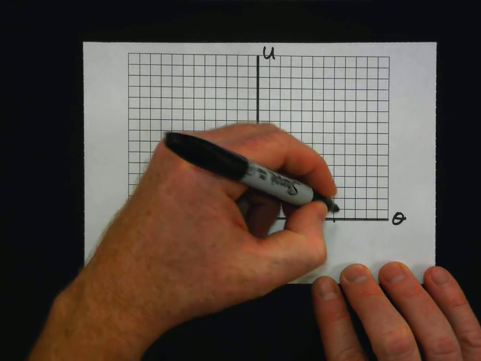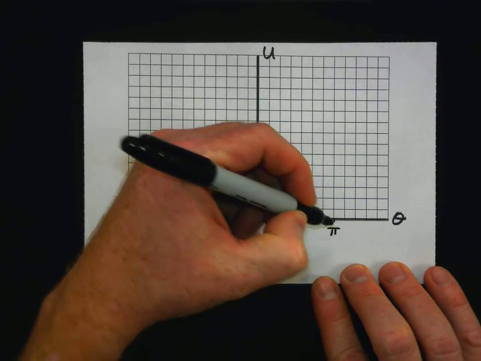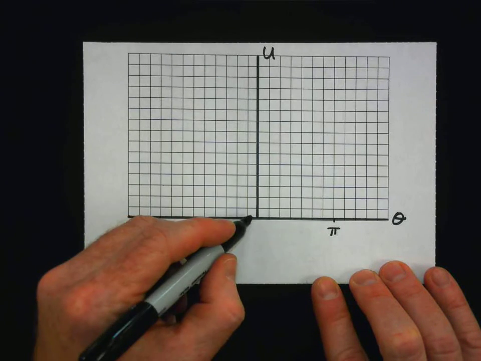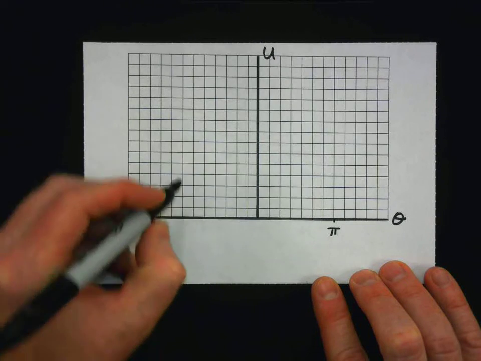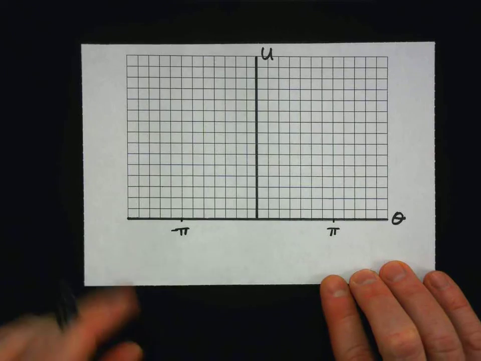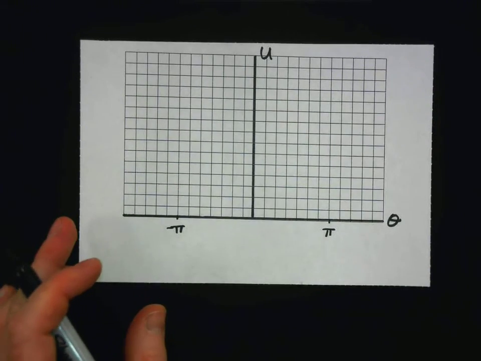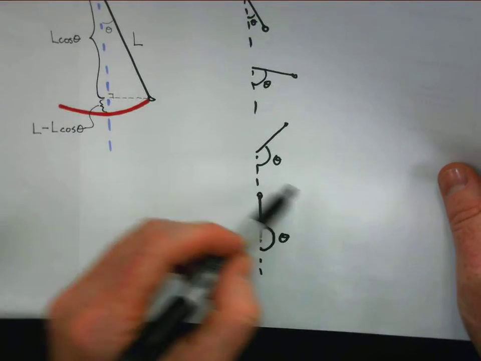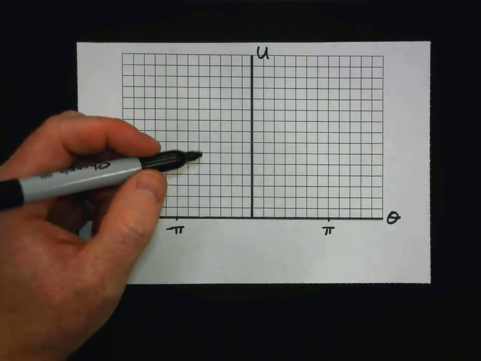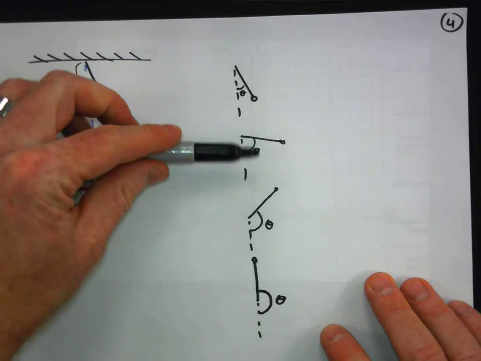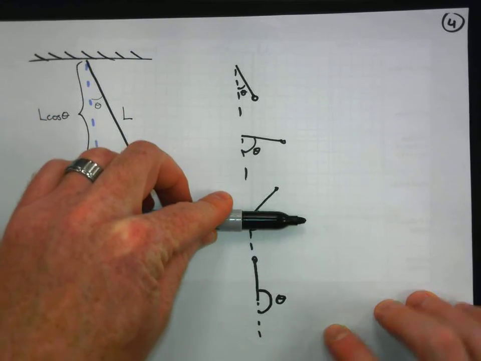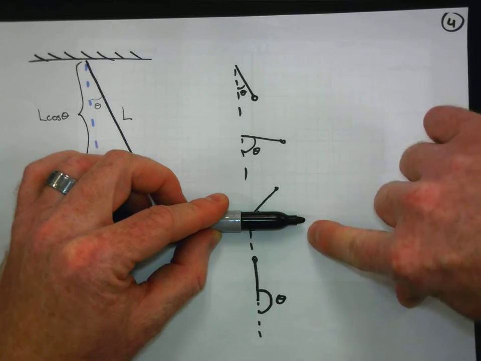Let's just go there. That's going to be pi radians. And this would be negative pi radians, just the angle the other way. Well, this is very much circular stuff happening, and what this is going to trace out is, as you watch, when theta is close to out here, then the vertical position is changing rapidly.